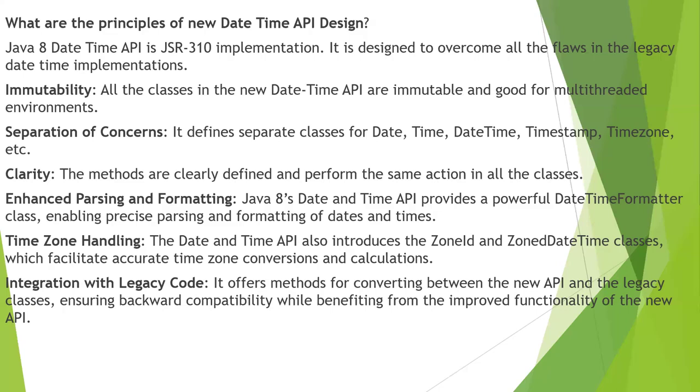The very good and very important thing that was introduced here is time zone handling. So these APIs have introduced the ZoneId as well as the ZonedDateTime class, which will facilitate accurate time zone conversions and calculations, which is not available in the previous versions of Java. Whereas from Java 8, we can see these specific features where we can use the zone IDs, where a particular zone is associated with one particular zone ID, and that will help us in making the conversions as well as the calculations accordingly.